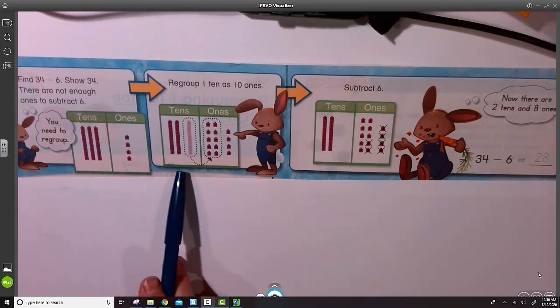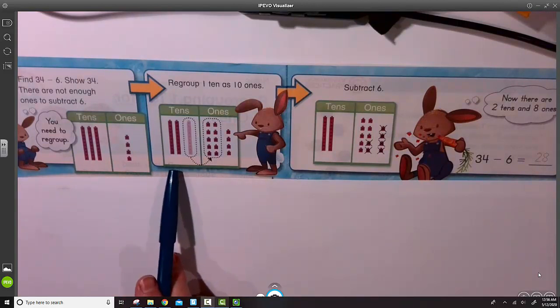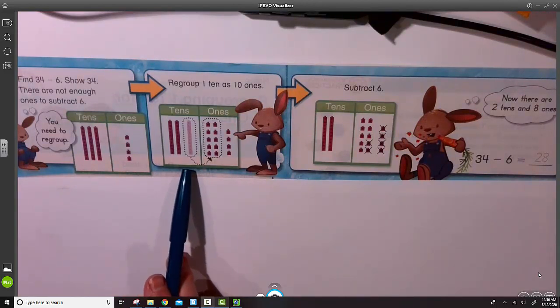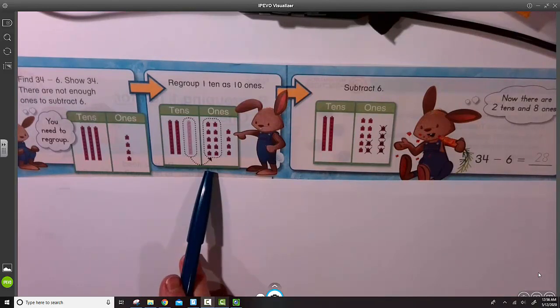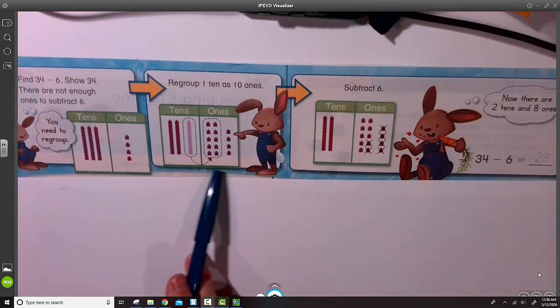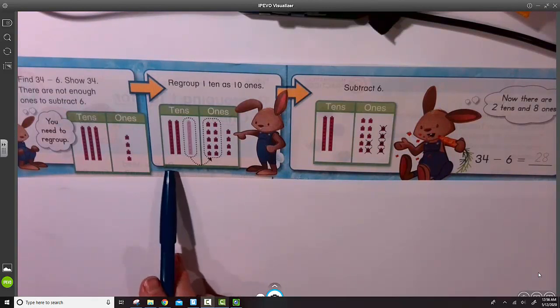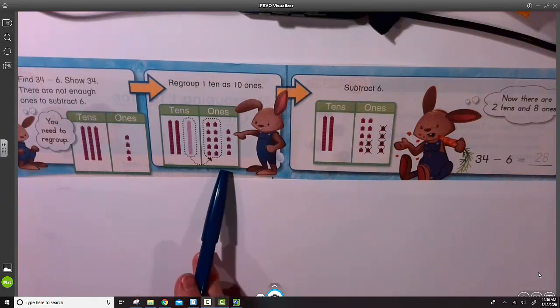So we need to regroup one of the tens. Now we have 2 tens, and this group has been exchanged into 10 ones. So we have a total of 14 ones. 2 tens, 14 ones. It's still 34.